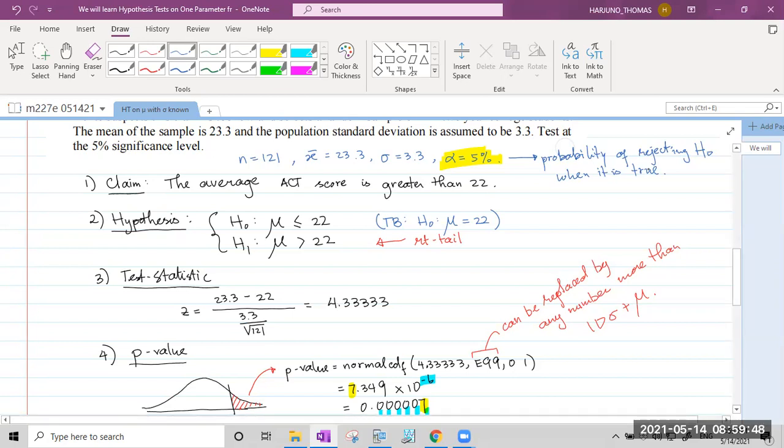Now, you can also think of that as the risk of rejecting the status quo when it is still okay.